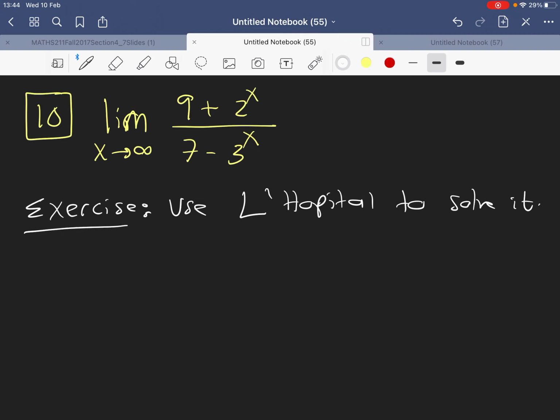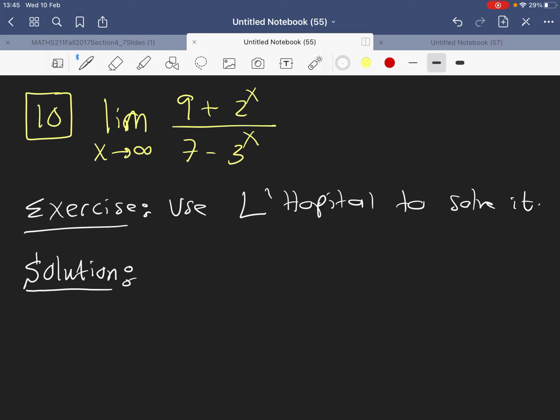Now, the way I will do it, because I will not use L'Hopital, is as follows. I will try to use the same idea we have seen in Calculus 1.